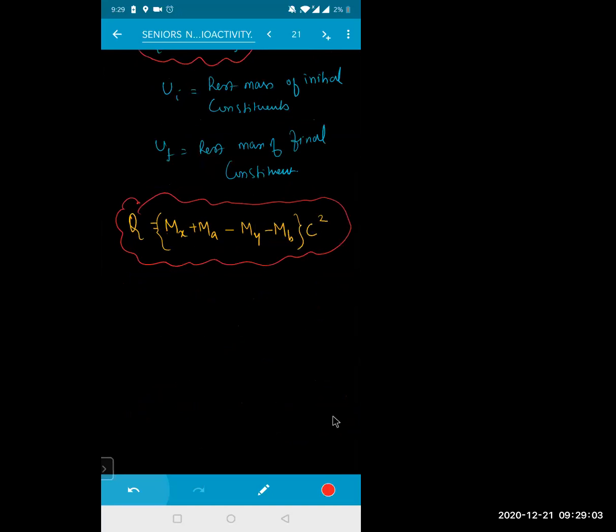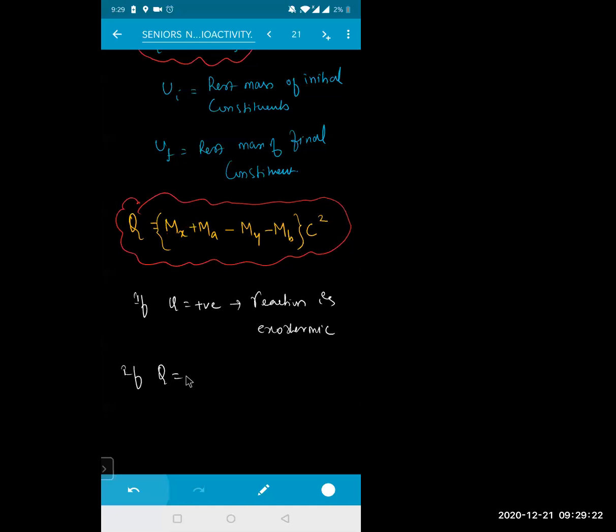If Q value is coming out to be positive, then the reaction is exothermic.